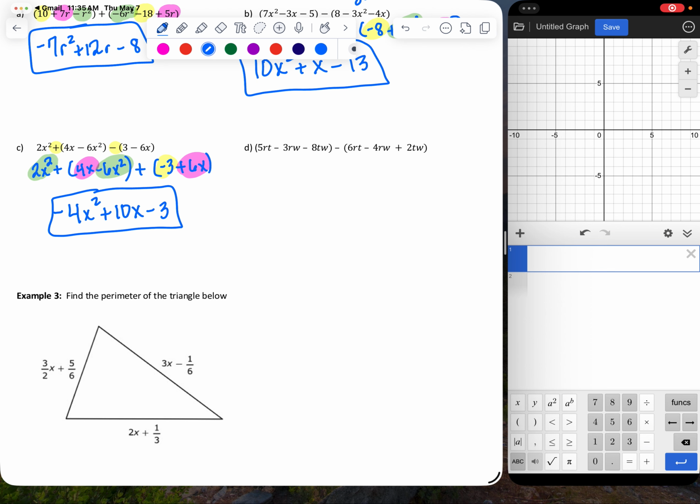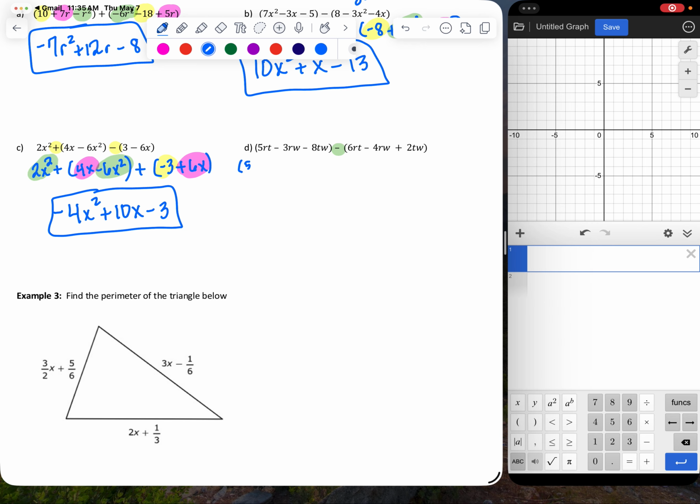All right, problem D. 5RT minus 3RW minus 8TW minus 6RT minus 4RW plus 2TW. So first thing I want you to notice is that we do have a subtraction problem. So that means before we can do anything, we need to rewrite.